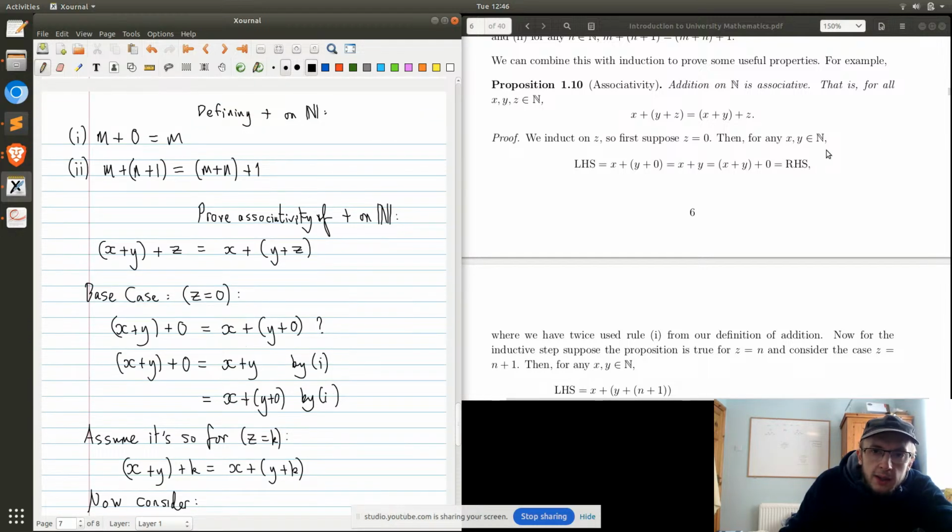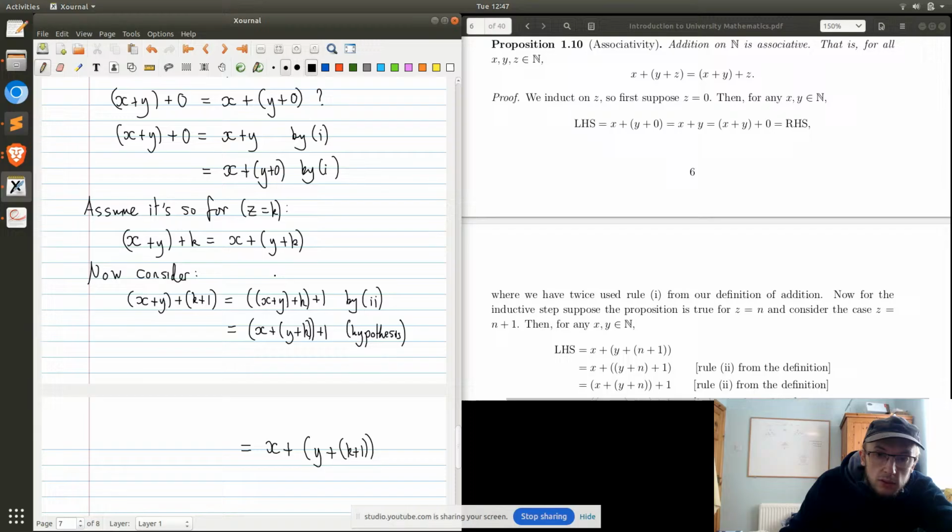Then for x and y in the natural numbers, that's essentially what we did, but I guess just backwards, and that's totally fine, where we have used rule 1 from our definition of addition. Now, for the inductive step, suppose that the proposition is true for z equal to n, and consider the case where z is equal to n plus 1.